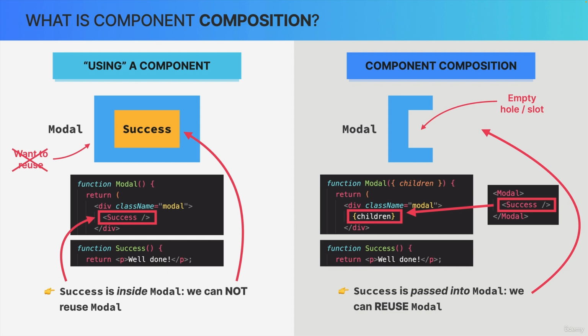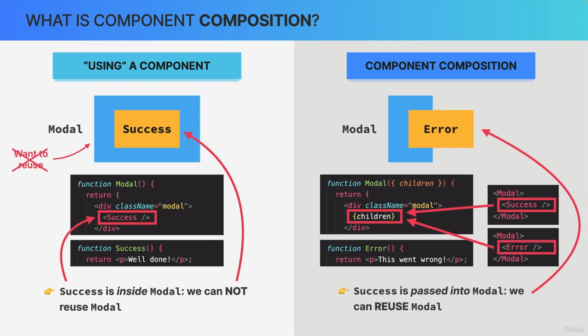So let's say that later we needed another modal window somewhere else in the app, but one that renders this error message. Well, that's pretty easy now. We just use the modal component again, but this time we pass in the error component as children.